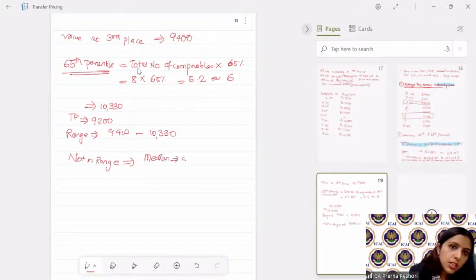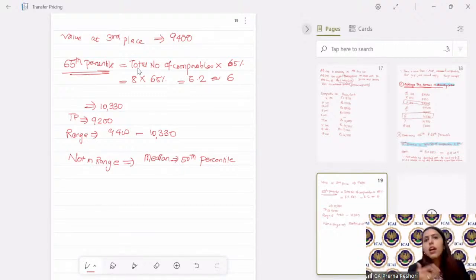Median is the 50th percentile. If I had been in the range, then I am at arm's length. If the transfer price had been, say, 10,000, then I will not make any addition. But now, if I am not in range, the median will be taken.